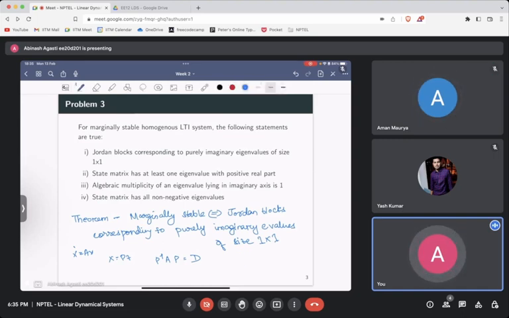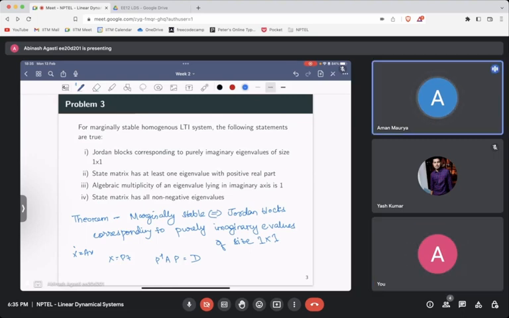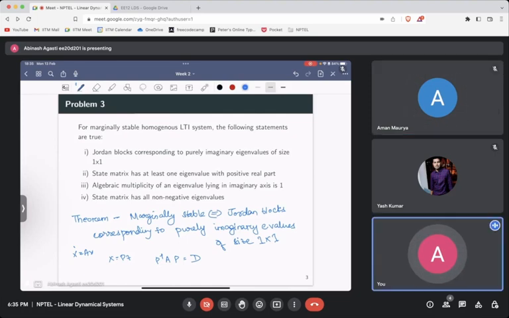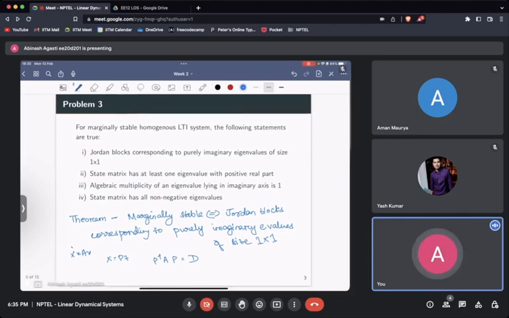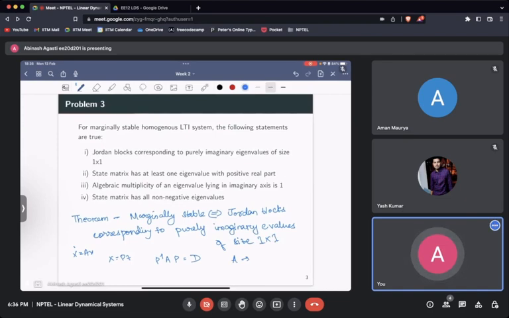I'm sorry, what did you say? Yes, yes, that's right. But when you have repeated roots, you cannot find an independent eigenvector for the number of roots. Let's say you have a system A, and this has eigenvalues 3, 3, and 4.